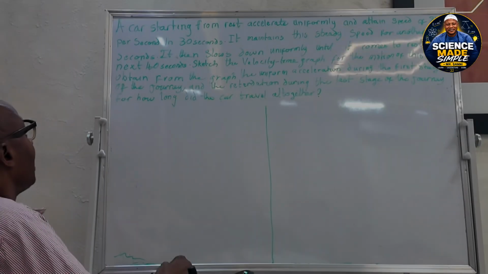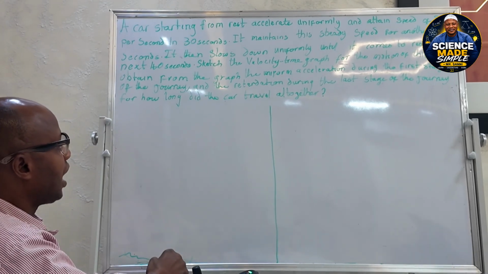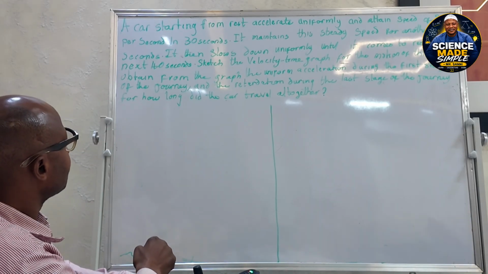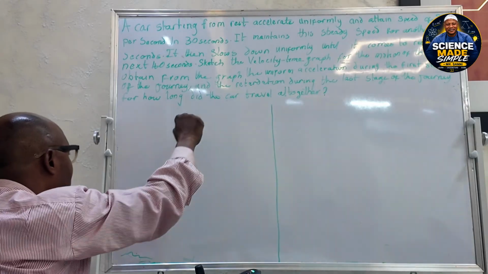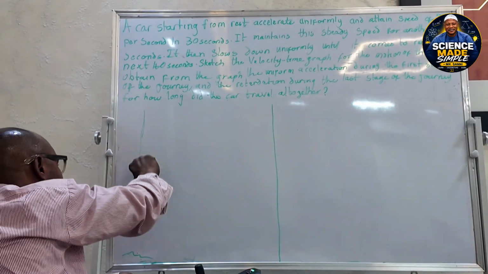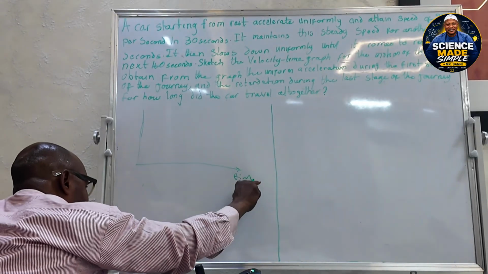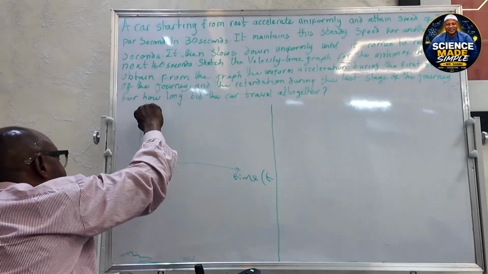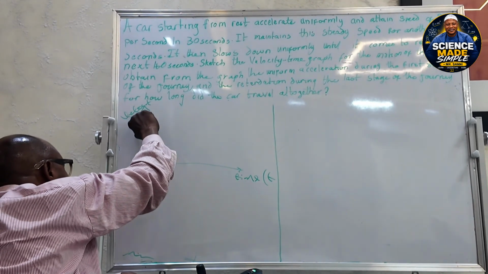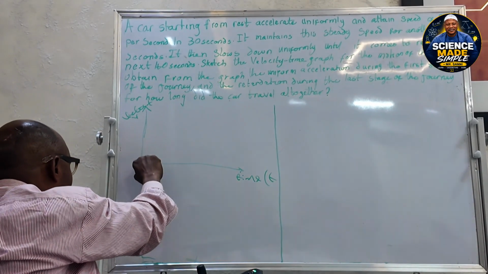A car starting from rest accelerates uniformly and attains a speed of 80 meters per second. Let's say we want to draw the velocity time graph now. This place is the time axis, T. This place is the velocity axis, V. Now, a car starting from rest, that means from 0 here.